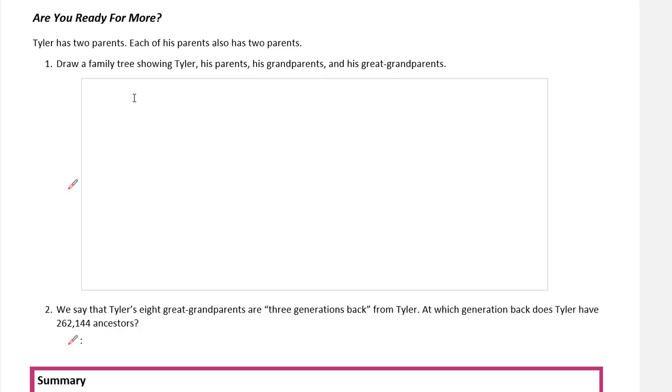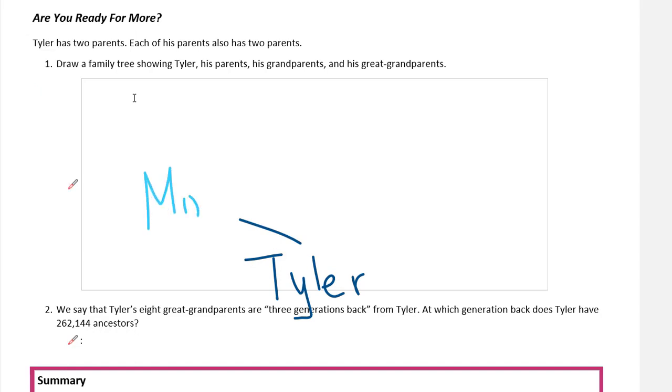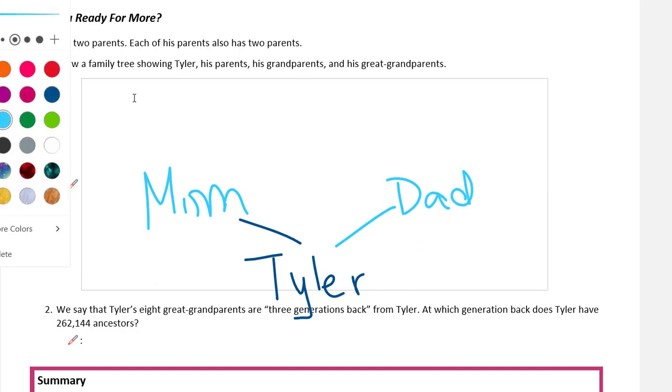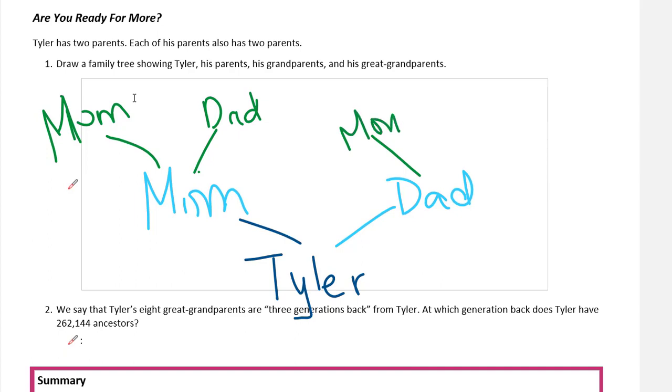So if we've got Tyler at the bottom, Tyler has a mom and a dad, and each of those parents had a mom and a dad. Dad had a mom and a dad.